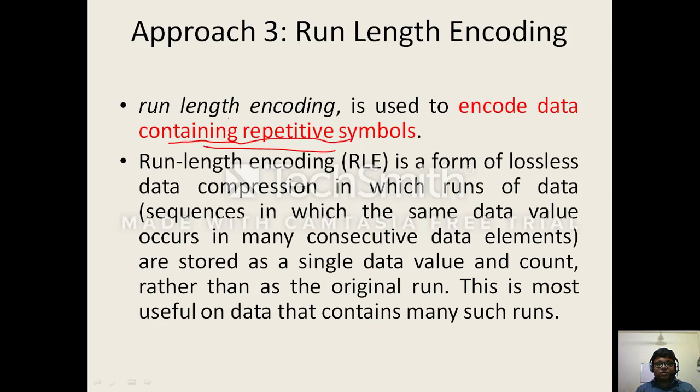Run length encoding is a form of lossless data compression in which runs of data, sequences in which the same data value occurs in many consecutive data elements, are stored as a single data value and count, rather than as the original run. This is most useful on data that contains many such runs.